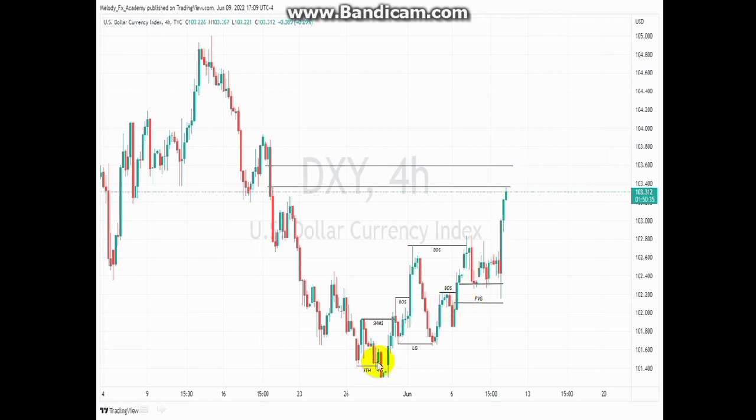So now what I actually outlined, as you can see on this chart, we had a stop hunt, right? Then we had this shift in market structure to the upside, then a short-term retracement. Then we had another break of structure higher. Then we had price make a deep retracement, right?